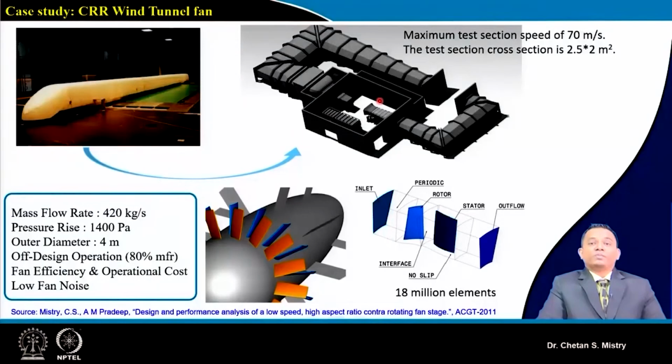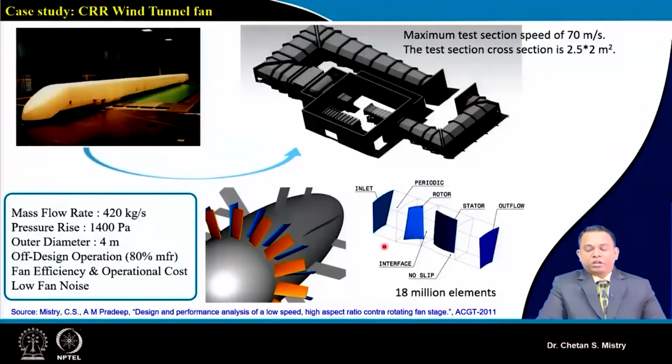This project has been sponsored by RDSO, Indian Railways, and these are the requirements for the fans: mass flow rate of 420 kg per second, the expected pressure rise in order to overcome frictional losses of 1400 Pascal, and a diameter of 4 meter.